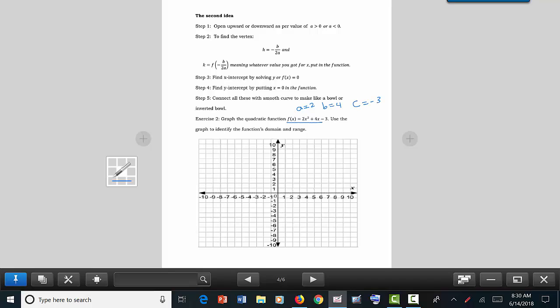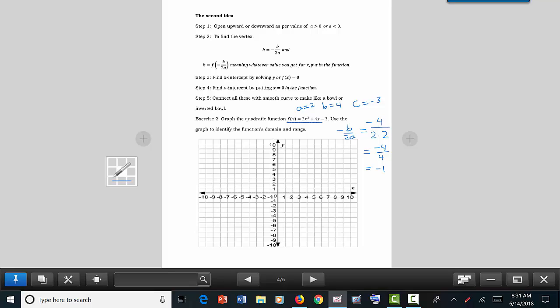Now let's find negative b over 2a. That is our h. Negative b is negative 4, divided by 2 times a, which is 2. So that gives negative 4 over 4. That gives negative 1. We found negative b over 2a.